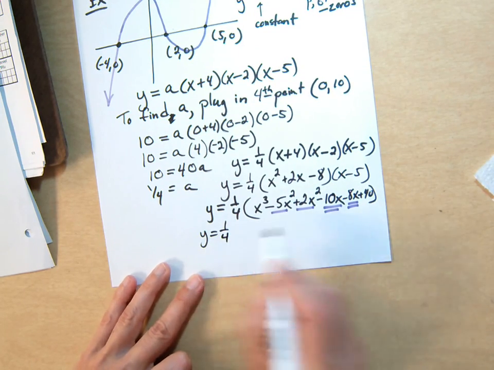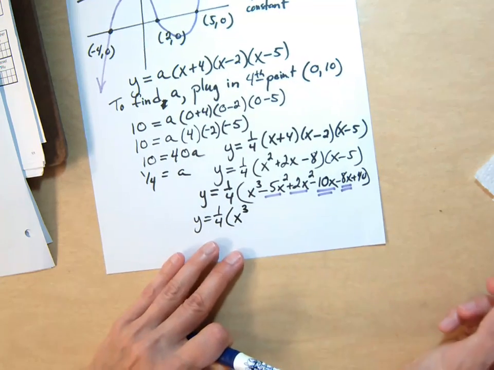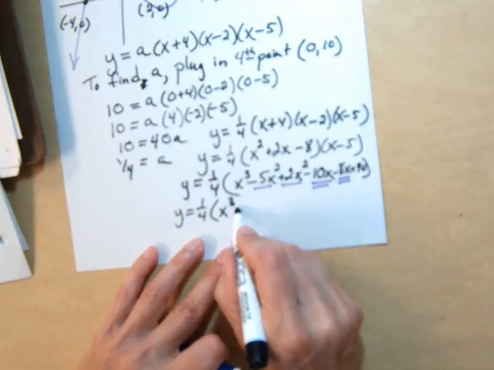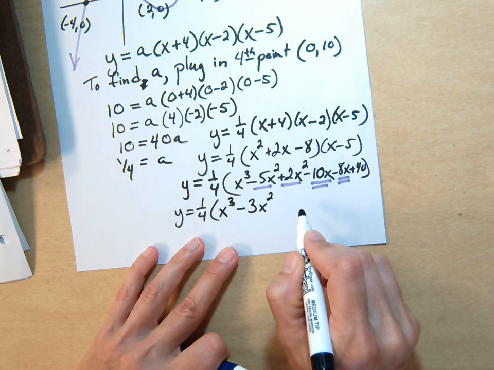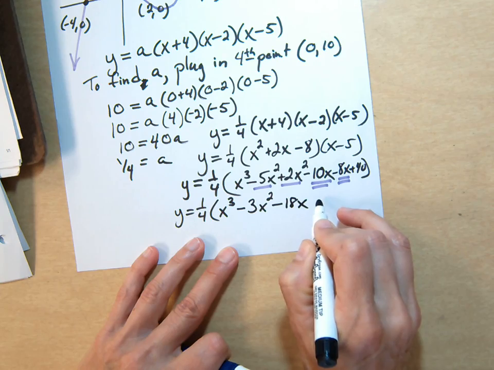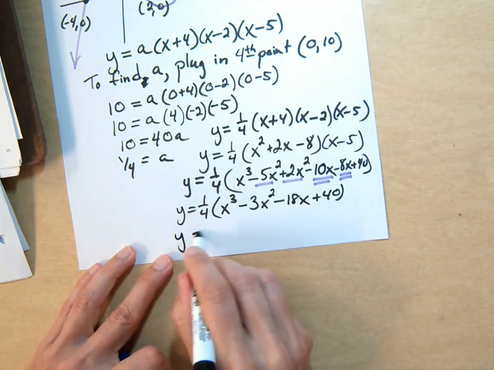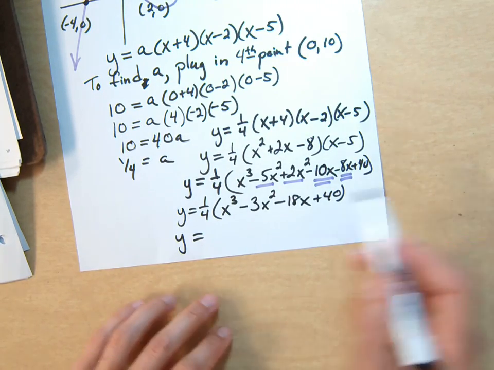So 1/4. What do I get when I combine the x squareds? Minus 3x squared, and then minus 18x plus 40. So when you check the back of the book, there's one more step to actually get it in standard form, and that's to distribute the 1/4.